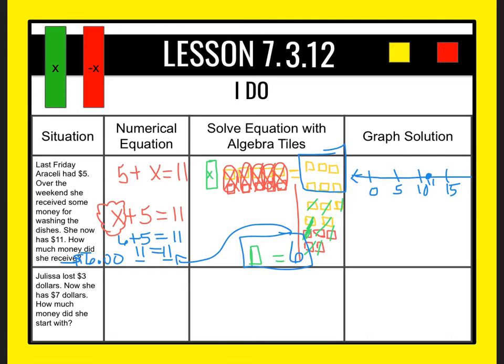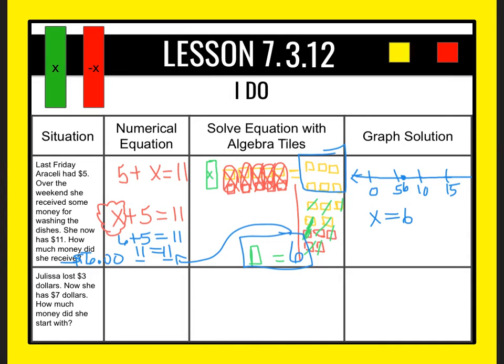So therefore, the solution for this equation, oops, Miss King made a boo-boo. I'm sorry. I should not have put that. What I should be graphing is 6. Oops. So therefore, x is equal to 6. I know that's going to be right after 5. And there's my 6. So make sure you put a closed circle because that's what x equals. And that's what it would look like on a number line.